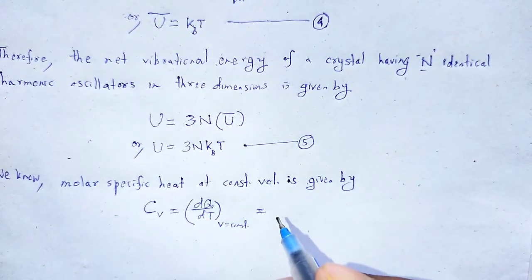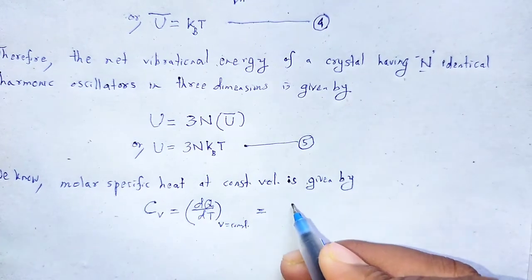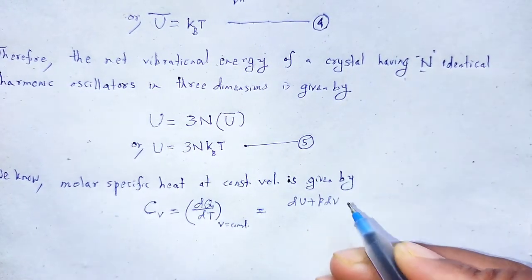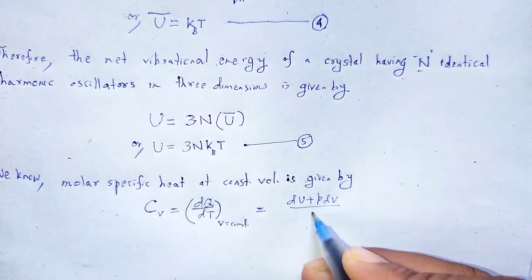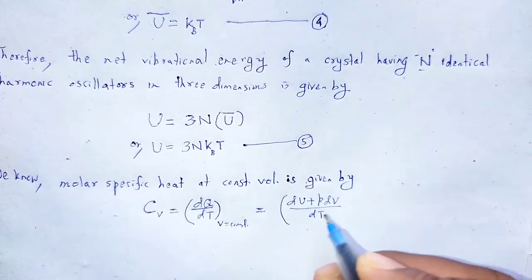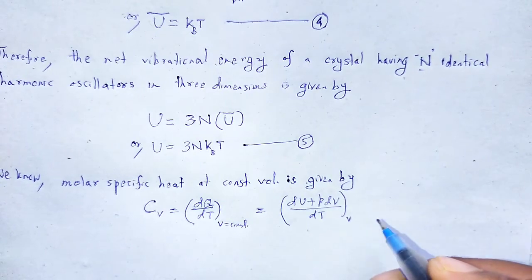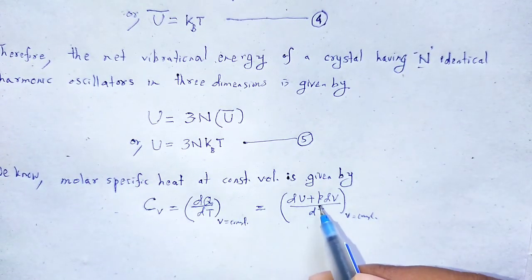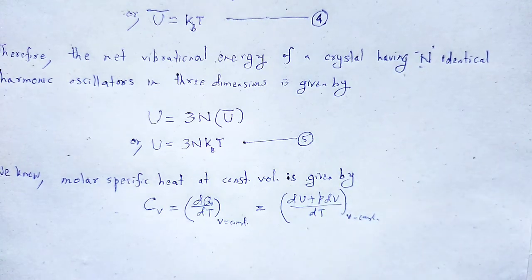In place of dQ, we put dU plus PdV, divided by dT at constant volume. dQ is equal to dU plus PdV from the first law of thermodynamics.